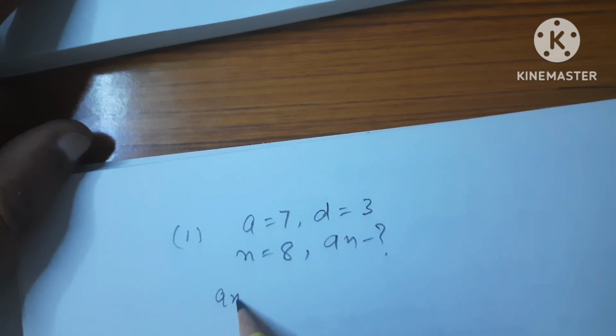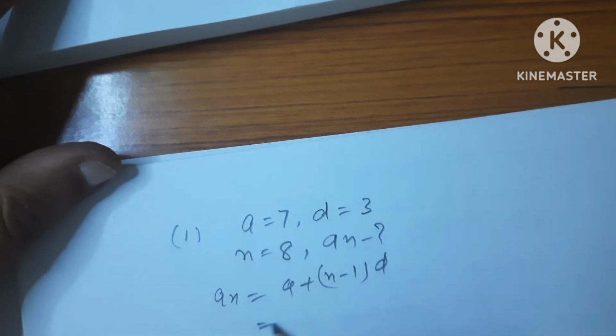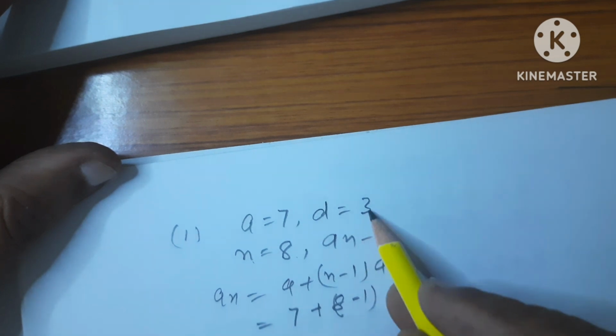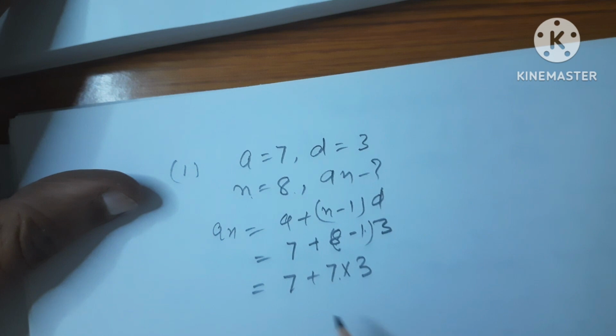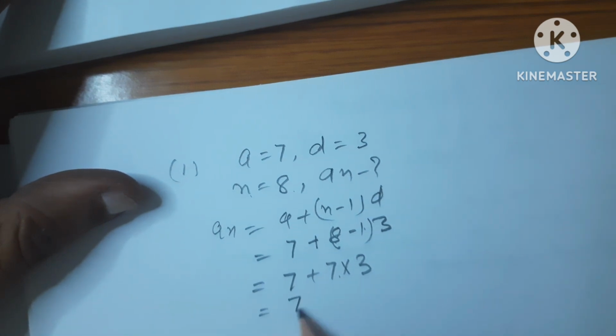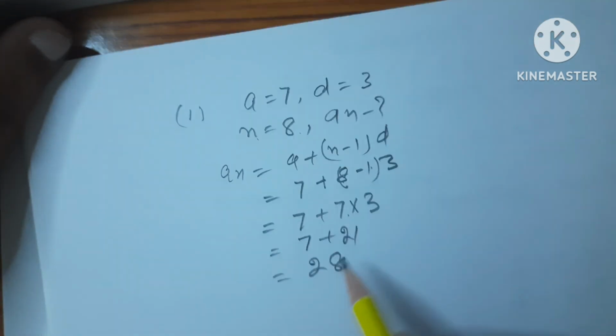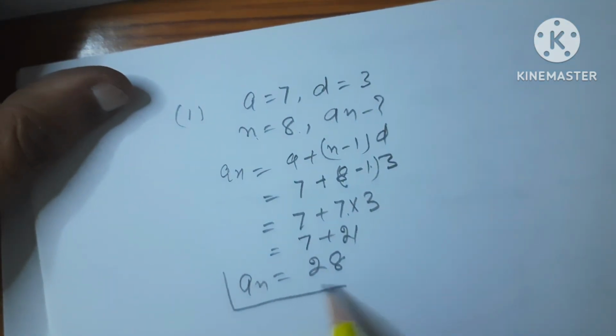So we'll use the formula an is equal to a plus n minus 1 into d. a is 7, so I'll put 7 over here, plus n is 8, 8 minus 1, d is 3. 7 plus 7 into 3, 8 minus 1 is 7, which is equal to 7 plus 21, which is equal to 28. So an is equal to 28.